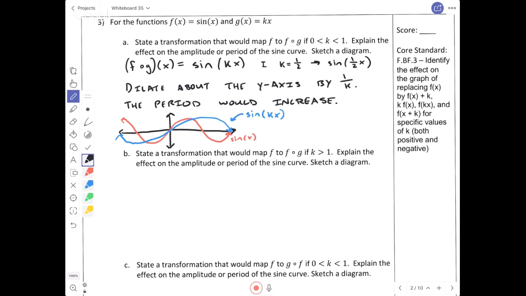Then f to f composed with g if k is greater than 1. So f composed with g of x would equal k sine of x. If k, let's see, a number greater than 1, maybe 2. K equals 2.